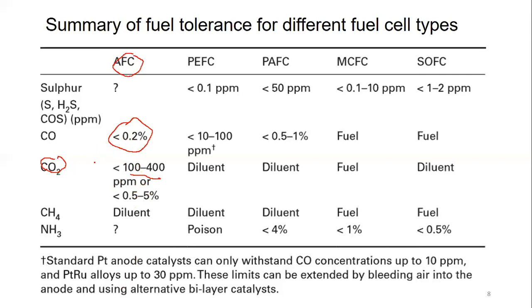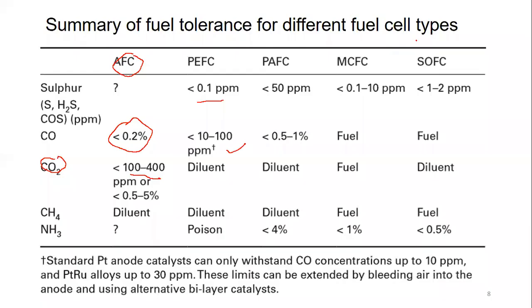Here, if you are working with a proton exchange fuel cell, then sulfur content is not allowed, then again carbon monoxide. But the total scene changes when you come to the other side, the methanol fuel cell.